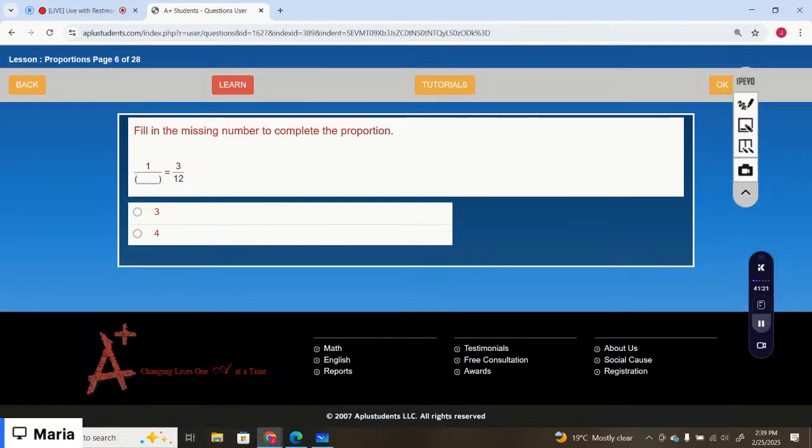Fill in the missing number to complete the proportion. Option number 2 is the correct option, that is 4.